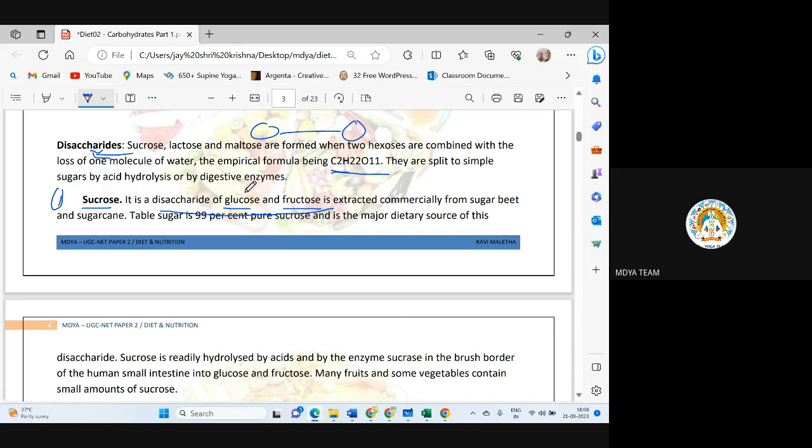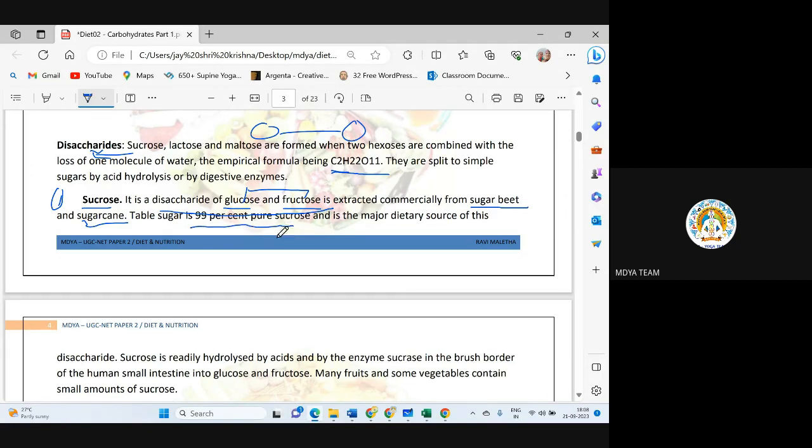These one molecule of glucose and one of fructose are joined to form sucrose. When our digestive enzymes work on sucrose, it is broken into glucose and fructose. It is extracted commercially from sugar beet and sugarcane, mostly from sugarcane, and table sugar is 99% pure sucrose.